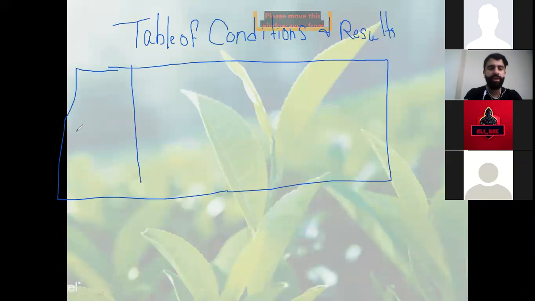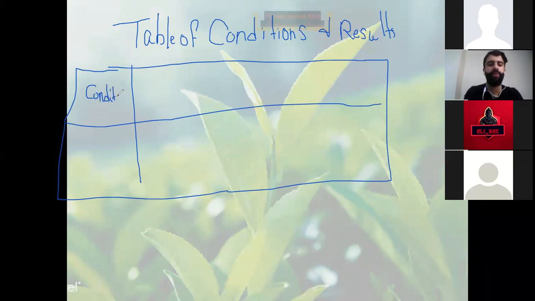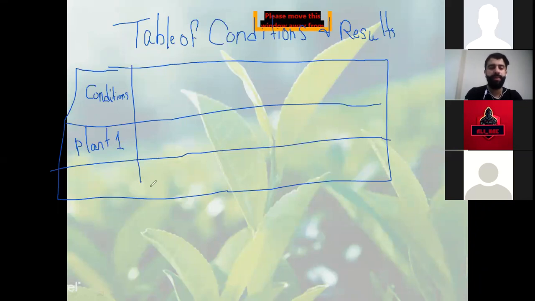You cut it here. You put here, for example, conditions. And down you put, for example, we have two plants. So you can say, for example, plant one or plant two or plant A, plant B, according to the given. So plant one, and here we have plant two. So conditions, what are the conditions?